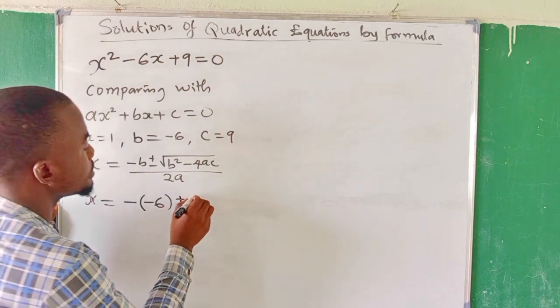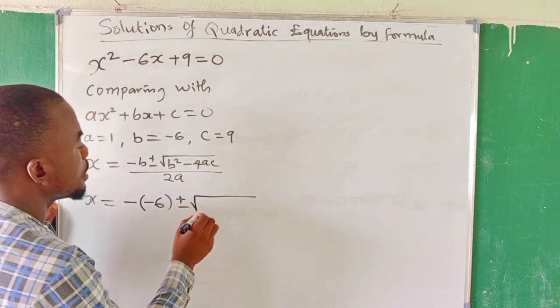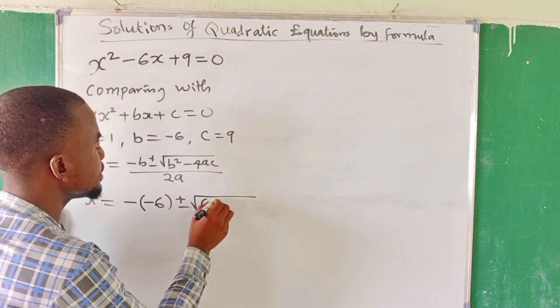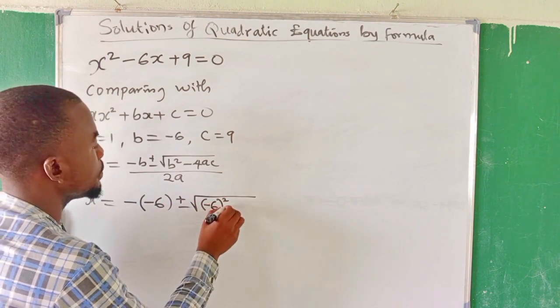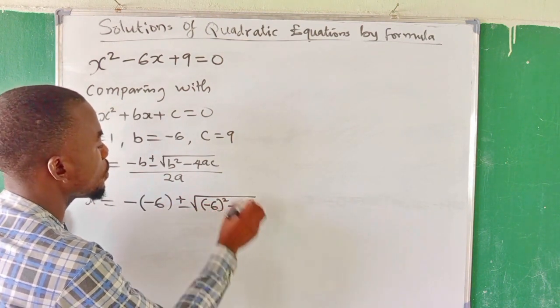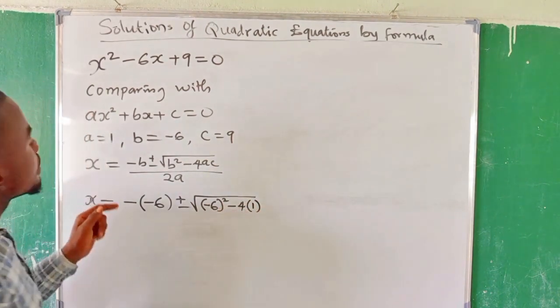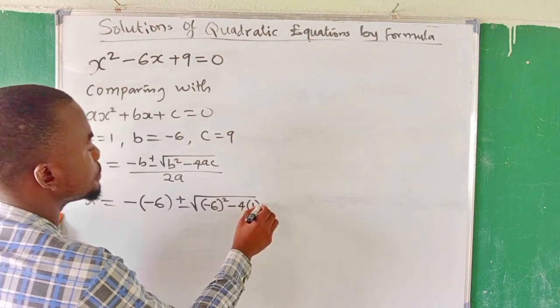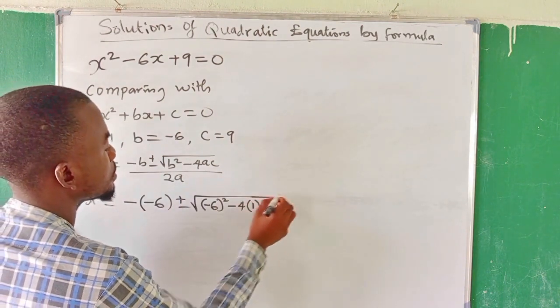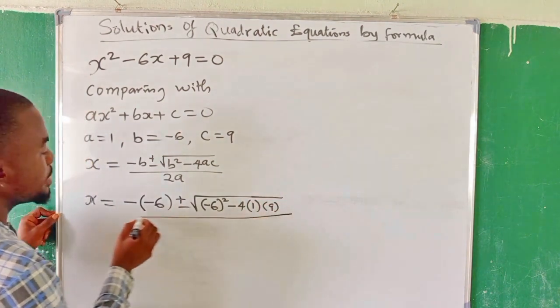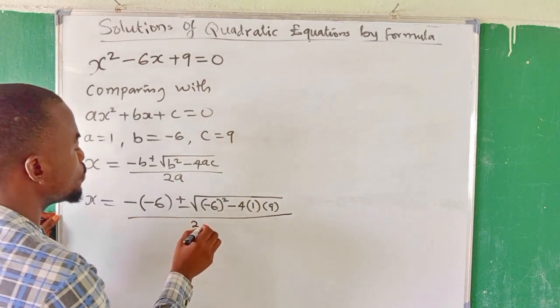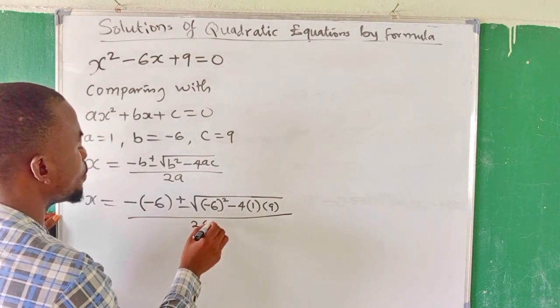Now plus or minus square root of minus 6 raised to the power of 2 minus 4 times, our a is equal to 1, times c, our c is equal to 9, all divided by 2 times 1.